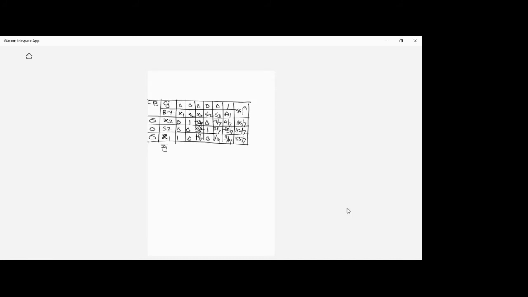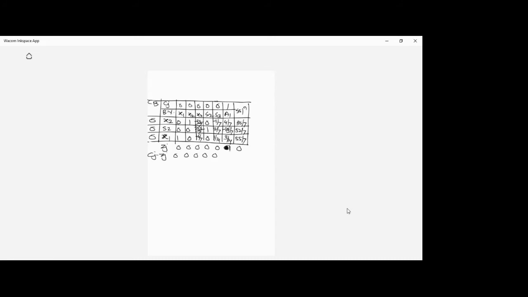So we can find out Zj values and Cj minus Zj values. Here all the Zj values will be 0 only, because the coefficients in the CB column are all 0. So Cj minus Zj will be 0 0 0 0 0, and it was 1 minus 0, so it is 1 here.